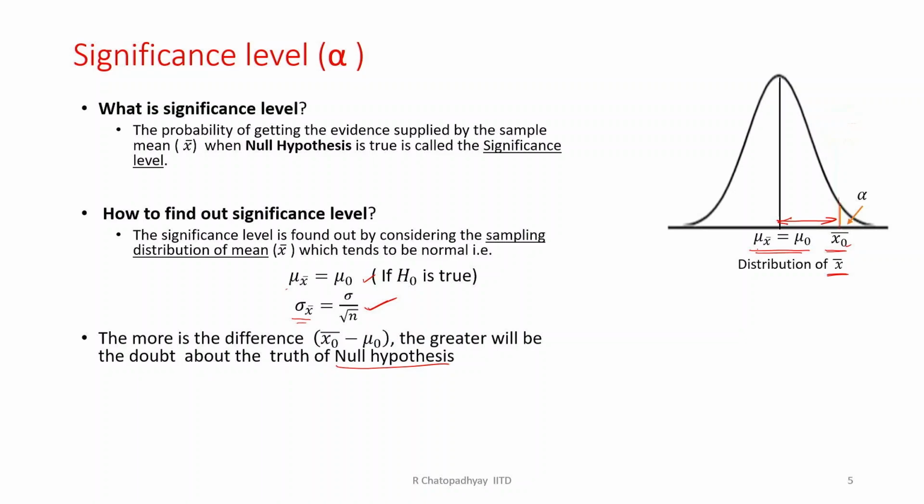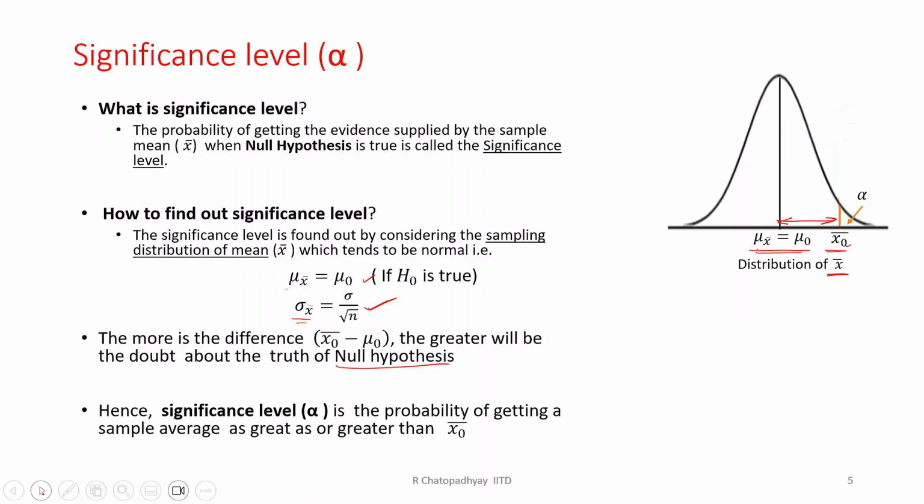The larger this difference, the more will be the doubt. Now in which scale is this difference measured? These differences we measure in the Z scale, that is the standard normal variable.